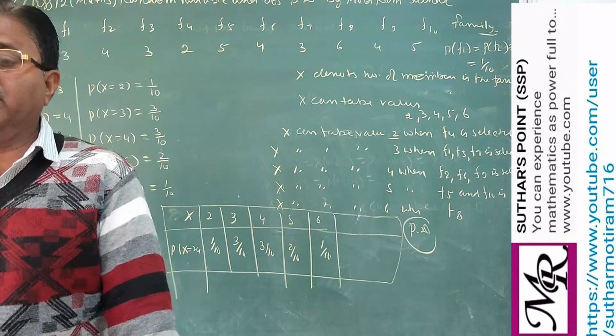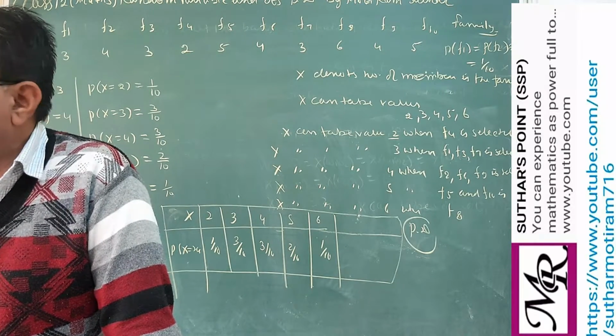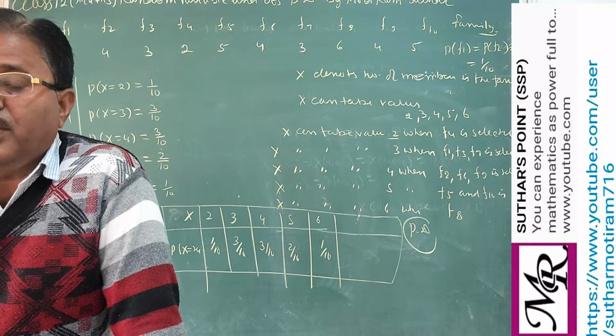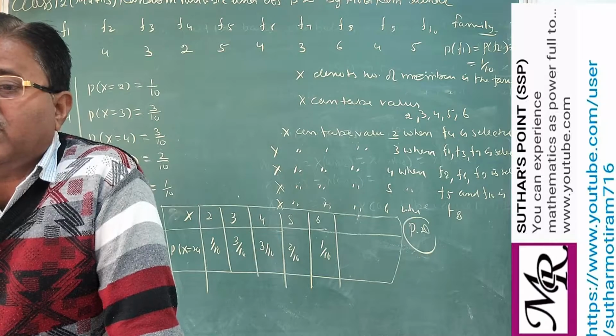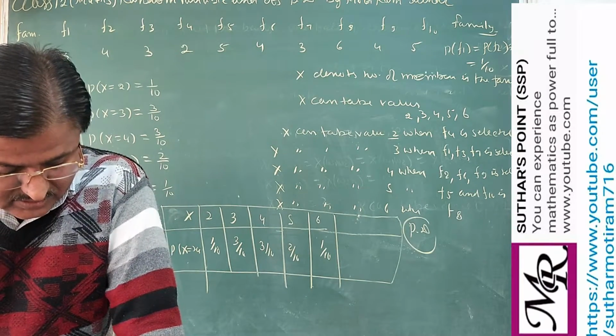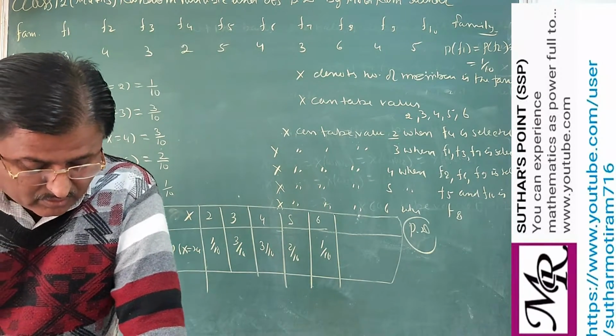If we are writing the table or the description of the variable with their corresponding probabilities, in general what do we call it?